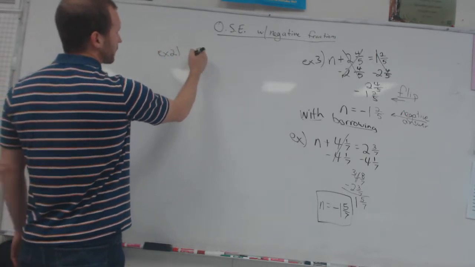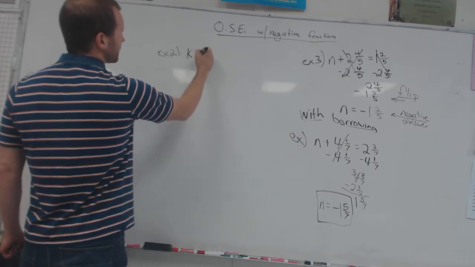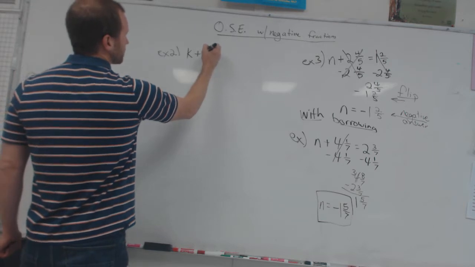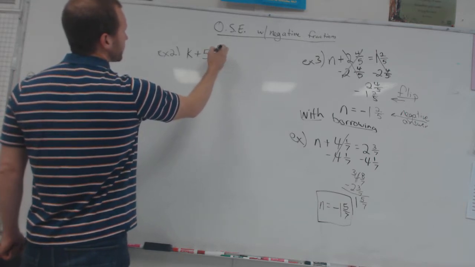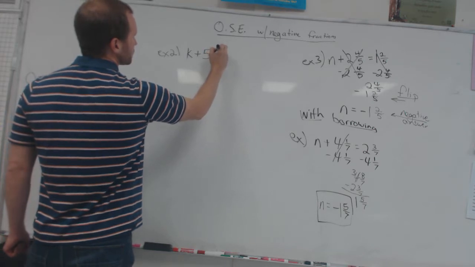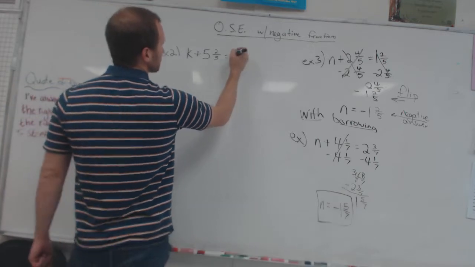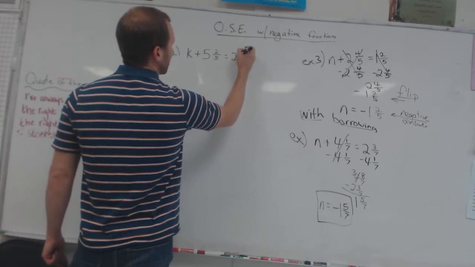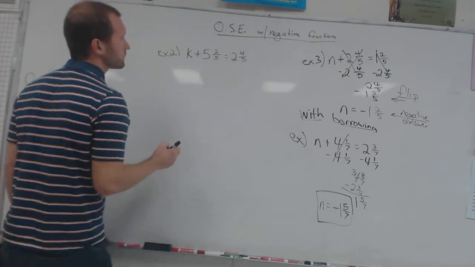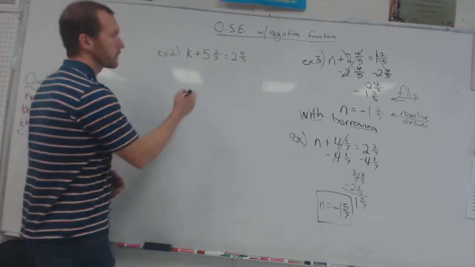Example 2 with borrowing. K plus 5 and 2/5 equals 2 and 4/5. All right.